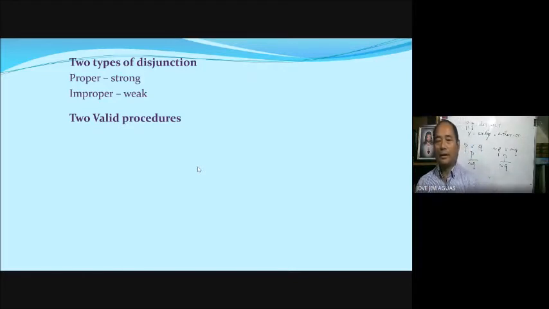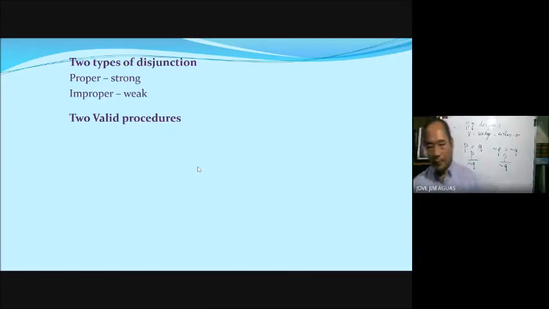Or present or absent. When you say improper or weak, there is a possibility for the two to be both true. The color of my dress is either red or blue. It can be both red and blue. So it's a weak disjunction. We have discussed this in the disjunctive proposition, so keep that in mind.